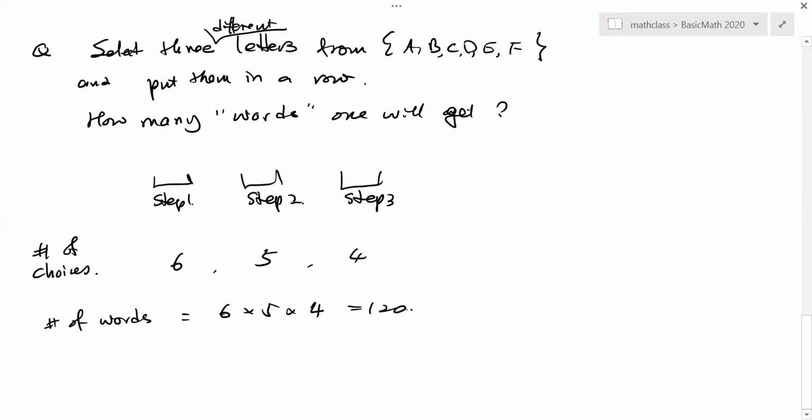I cannot list all of them because there are just too many. So you have to learn how to do the counting. If you want to list all of them, it's impossible.